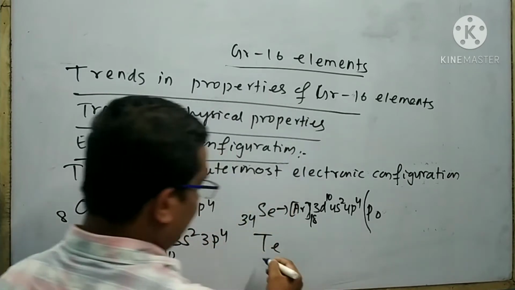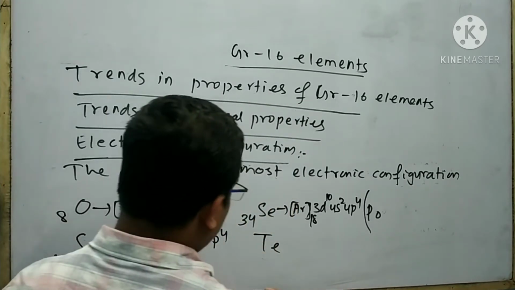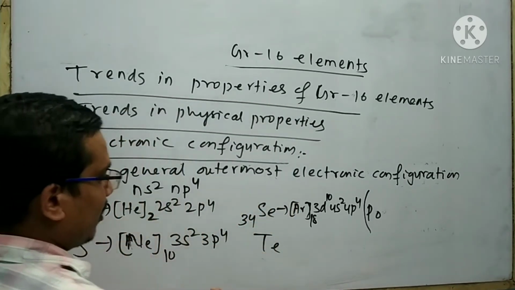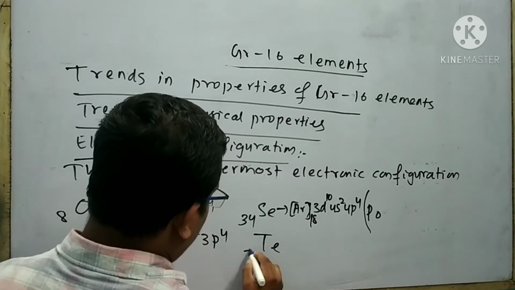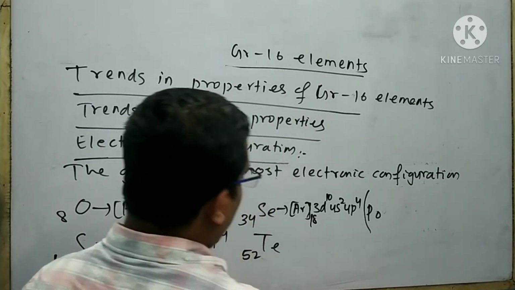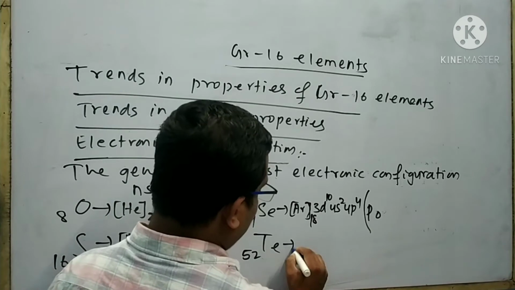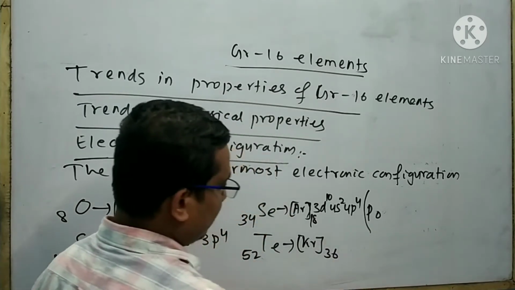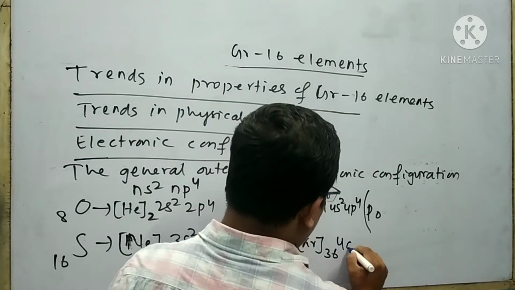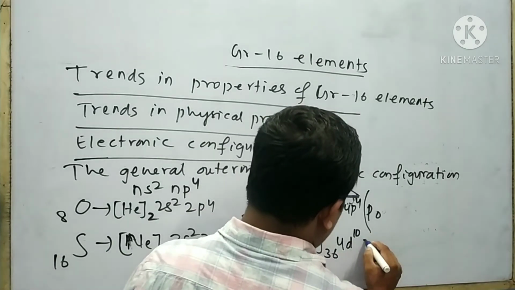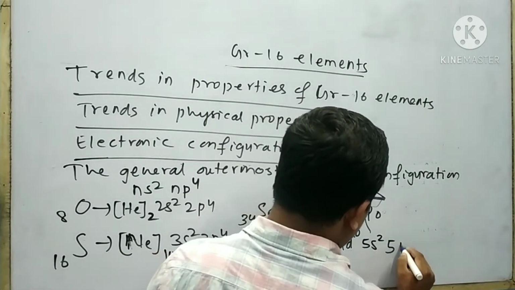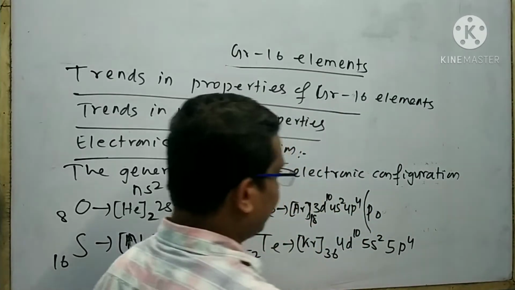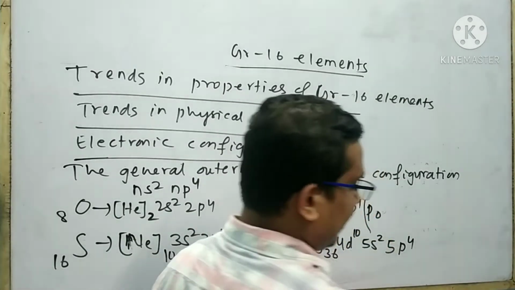Next element is tellurium, which has atomic number 52, and the electronic configuration is krypton 36 4d10 5s2 5p4. Next element is polonium.